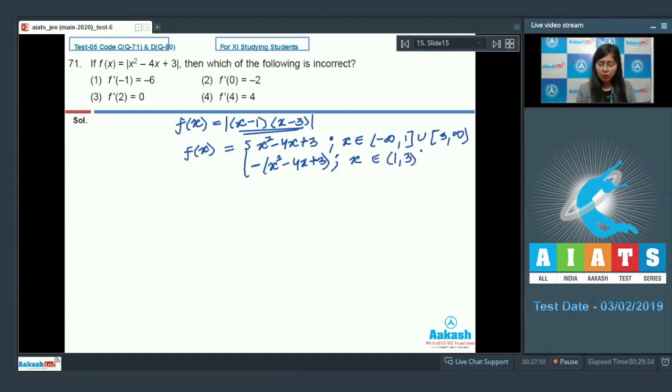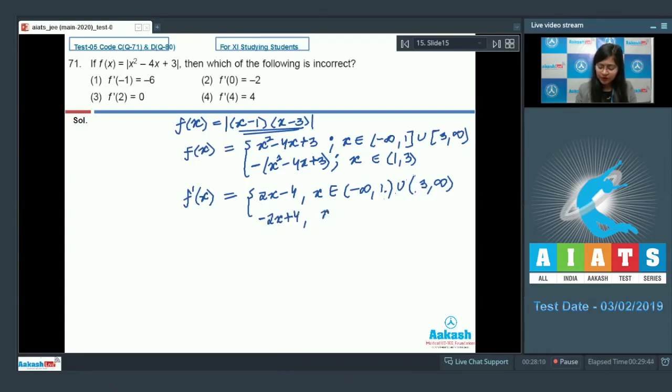That is clear? Okay. Now, to find the value of f dash x, it will be equal to 2x minus 4 when x belongs from minus infinity to 1 union 3 to infinity, and this will be minus of (2x minus 4) when x belongs from 1 to 3.